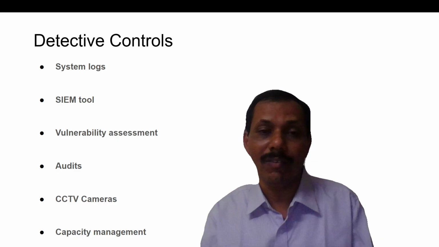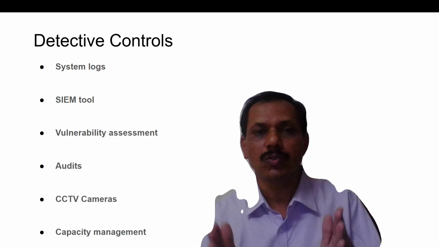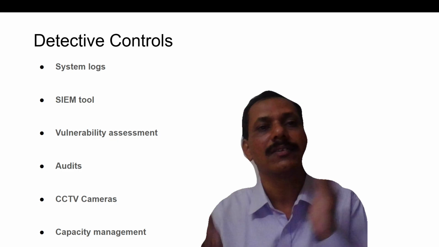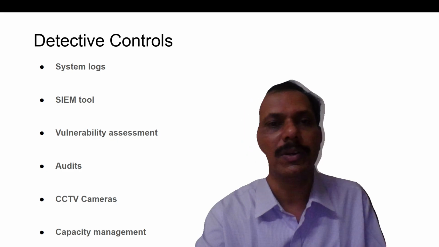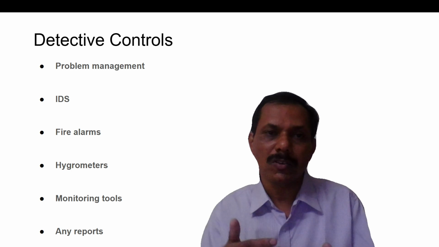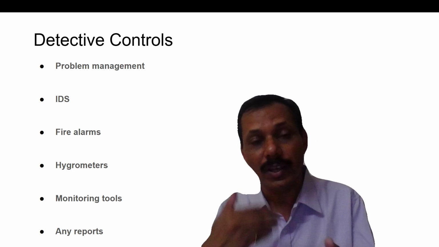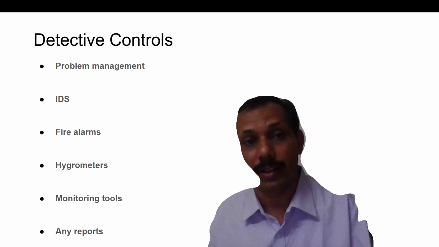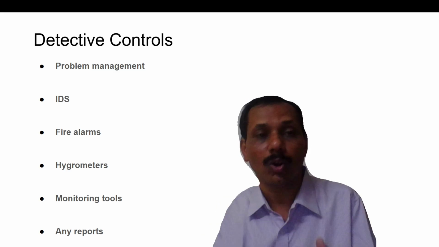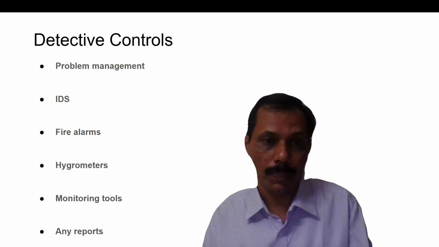It will detect that it is about to be full and you may face issues, you may get into an incident after some time. So capacity management is a detective control. Problem management. The purpose of problem management is to identify the root cause of something which has happened or which may happen. So it detects root cause. So problem management is a detective control.